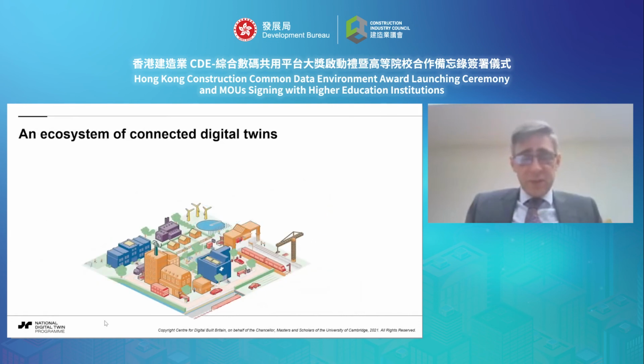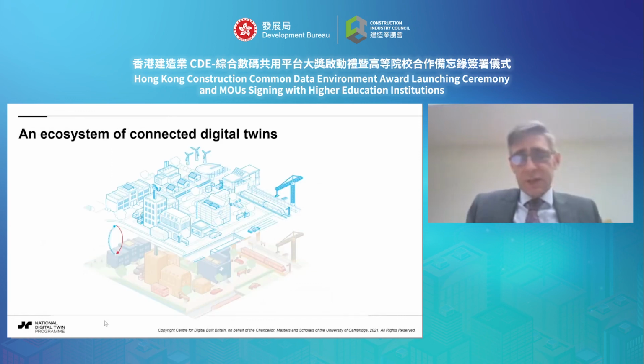If we draw that at an infrastructure level, at the level of the whole of the built environment, we can start to see digital worlds emerging, and all over the place you can imagine lots of different digital twins, and then those connected up by this connected data environment to enable an ecosystem of connected digital twins.